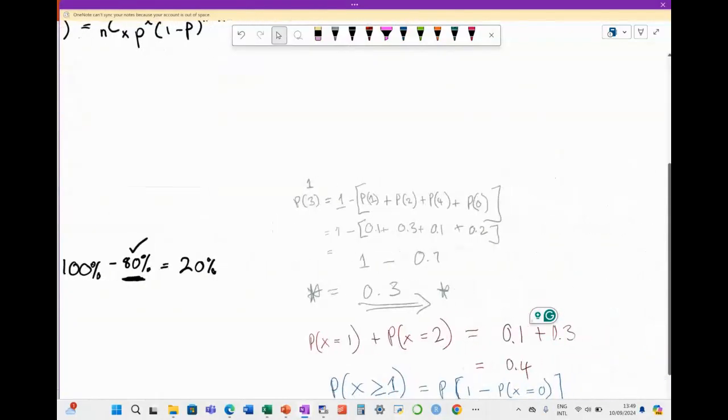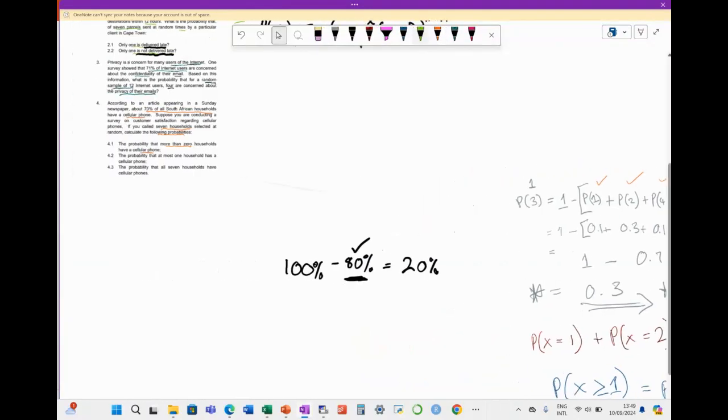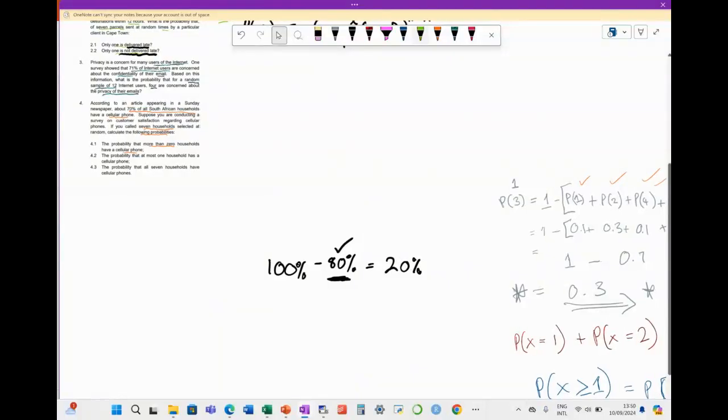So it goes back to saying the probability that we have 1, the probability that we have 2, probability that we have 3, 4, 5, 6, and even 7. So we basically want a probability that we do not have 0 households. More than 0.